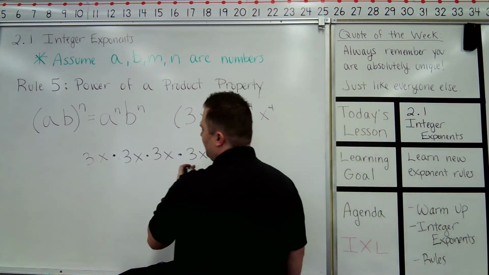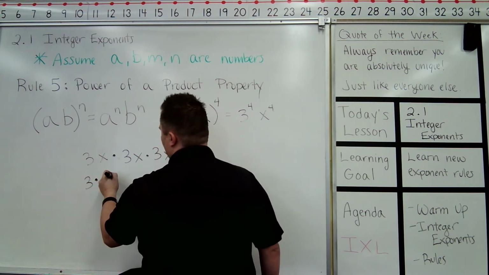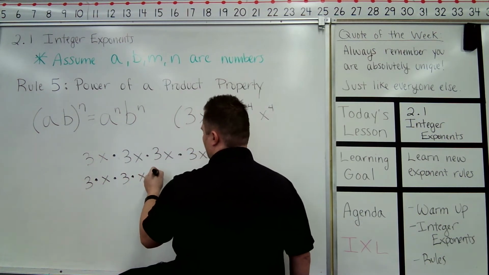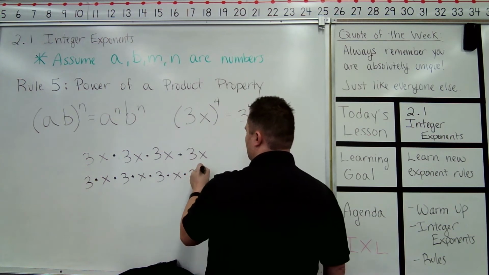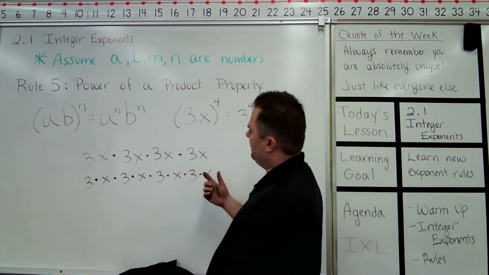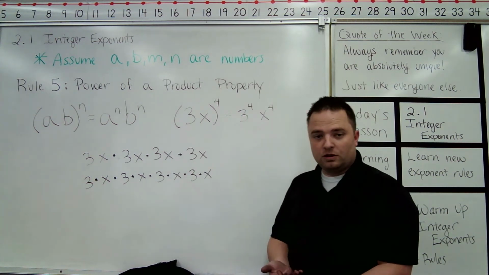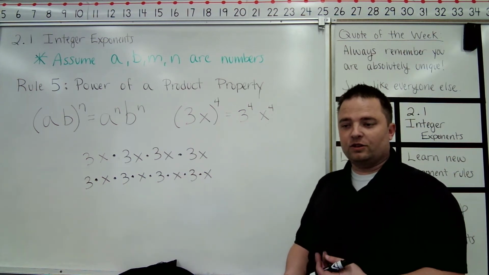So we could also think of this as 3 times x times 3 times x times 3 times x times 3 times x. I haven't changed anything super crazy. All I'm remembering is that when two numbers are next to each other in math, that means to multiply them. I'm not actually going to multiply them together. I just know that they're supposed to.